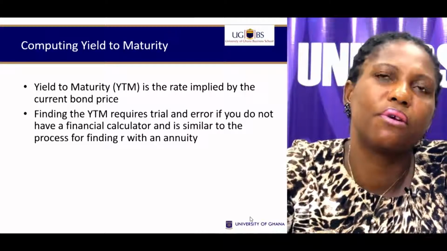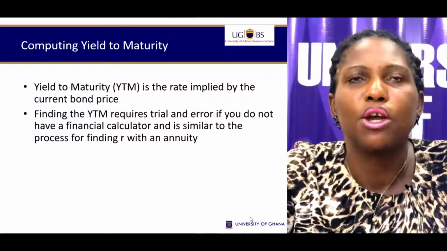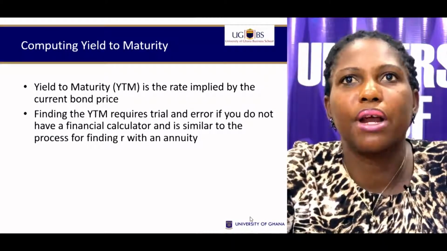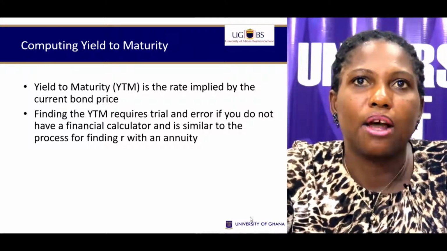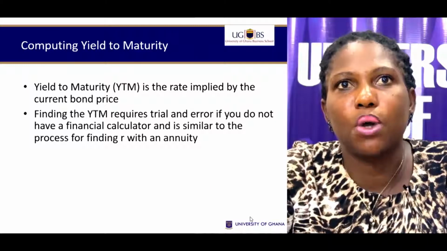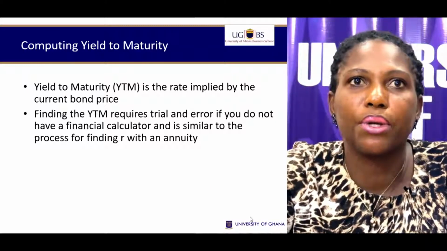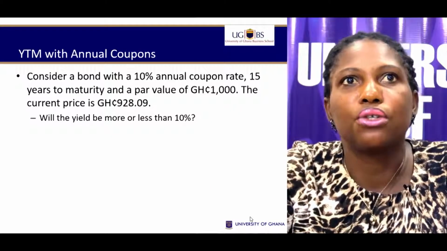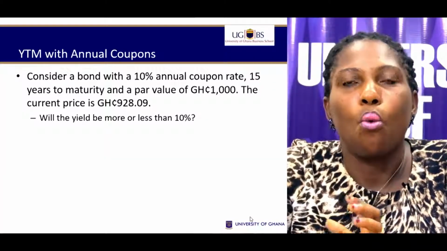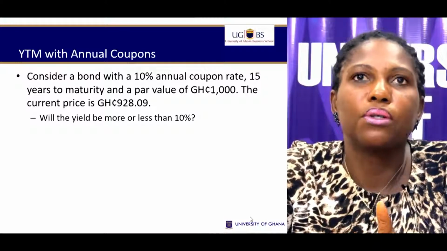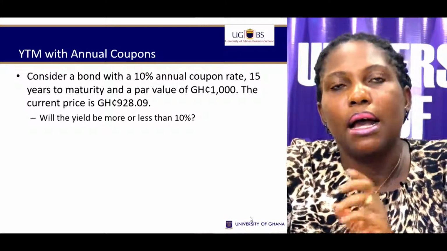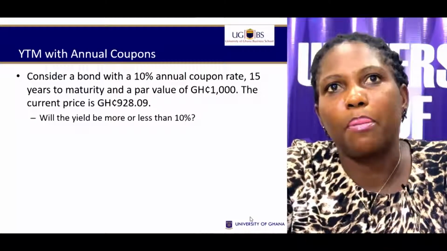Now, how do we compute the yield to maturity, which is normally the required rate of return that the market requires? With the YTM, as we call it, it requires trial and error, because what you're really trying to do is find out what rate used to value the coupons will give you a value equal to the par value.